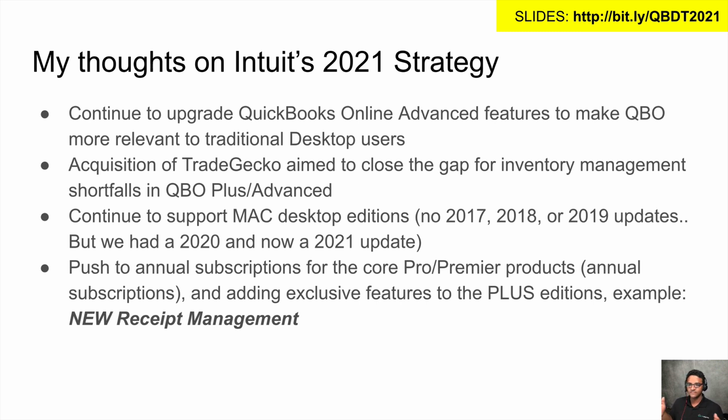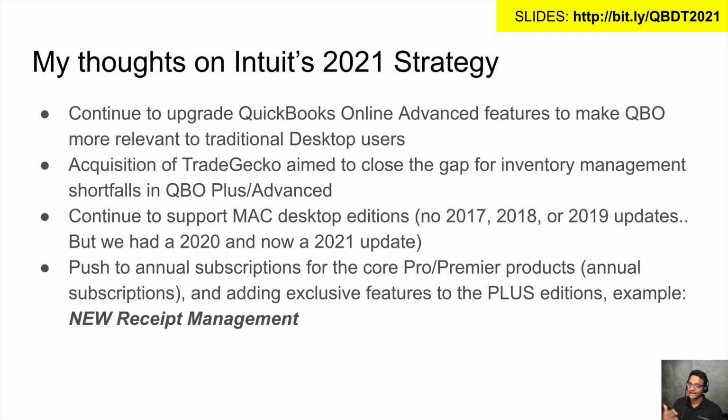So in the next 6 months, the next year, you might not see a whole lot of new features coming out in QuickBooks Online, the core products, Essentials, Plus. You're going to see a lot more coming into QuickBooks Online Advanced, and you might see the stuff that we care about. When I say we, I mean my firm, which is inventory related and job costing type of stuff. But for now, that is what the strategy looks like.